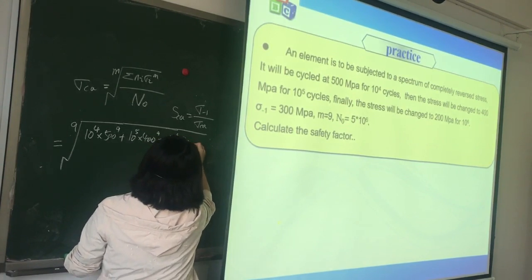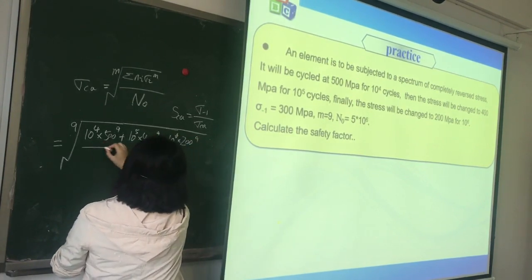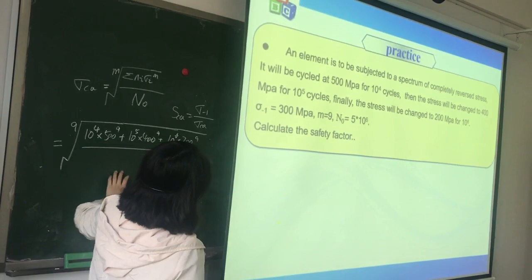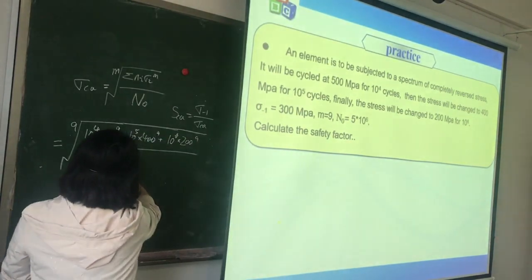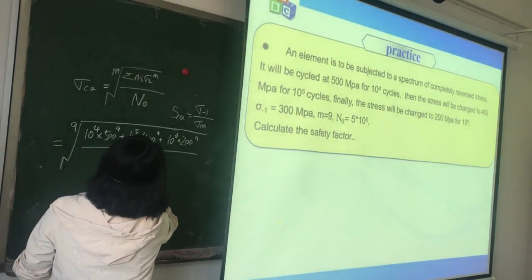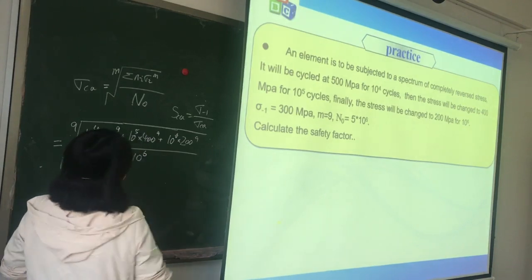Okay, and then divided by n0, and n0 is 5 times 10 to the 6.